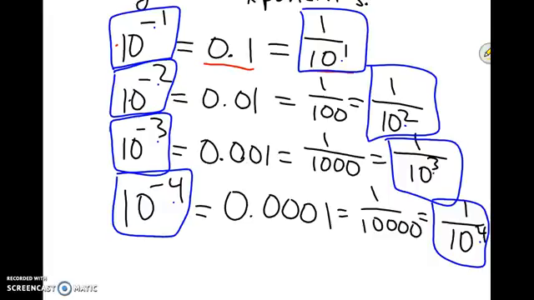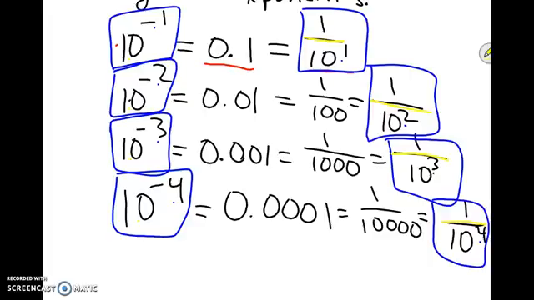Similarly, I see a 10 not in a fraction, a 10 on the bottom of a fraction. 10 not in a fraction, 10 in the bottom of a fraction. 10 not in a fraction, 10 in the bottom. 10 not in a fraction, 10 on the bottom. So wow, there's a lot of things going on here.